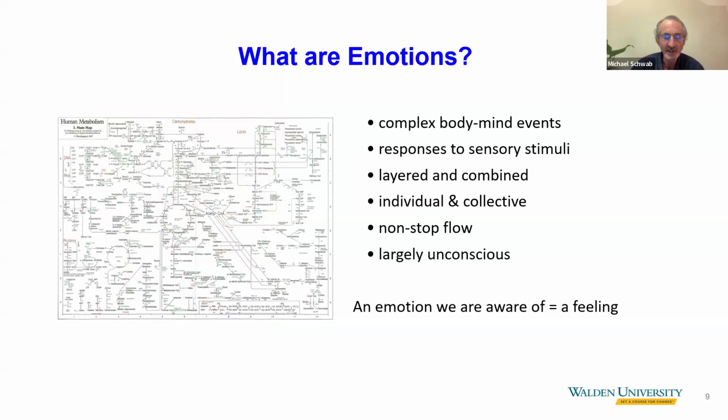So, emotions. This picture here is intermediary metabolism. If anyone here has studied physiology, you probably will have seen this chart, and it's really a simplification of the huge complexity that goes on all the time in our bodies as proteins, other molecules, hormones, and enzymes whiz about interacting in a mind-boggling complexity that is all somehow coordinated.